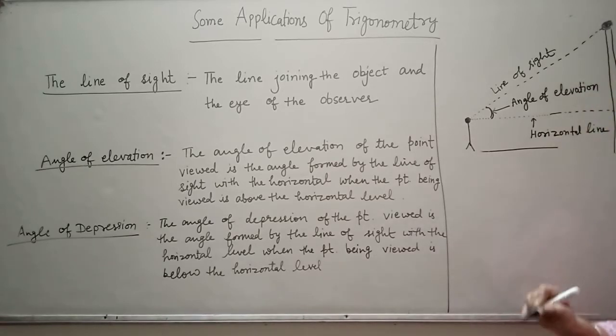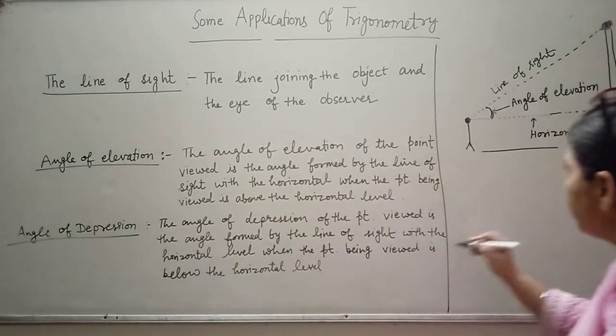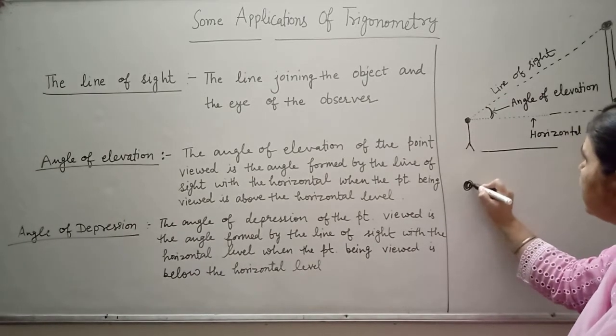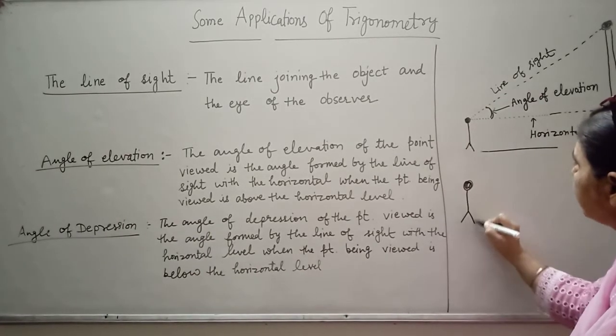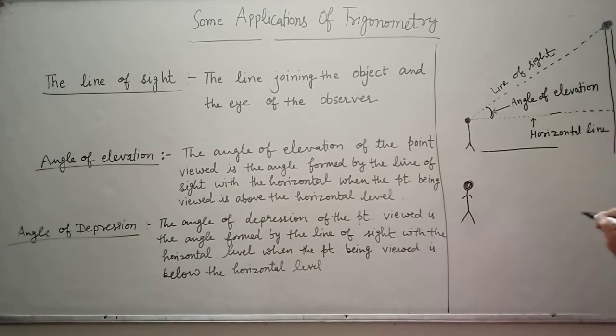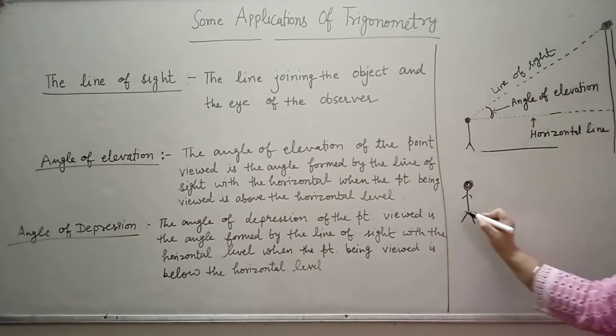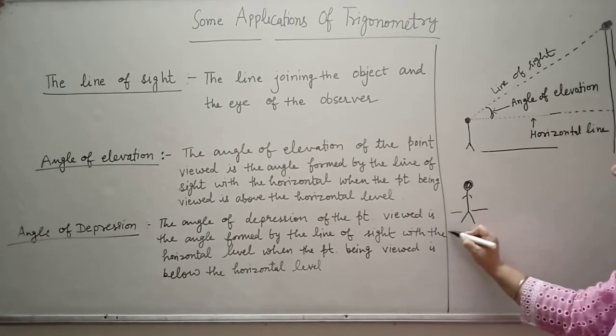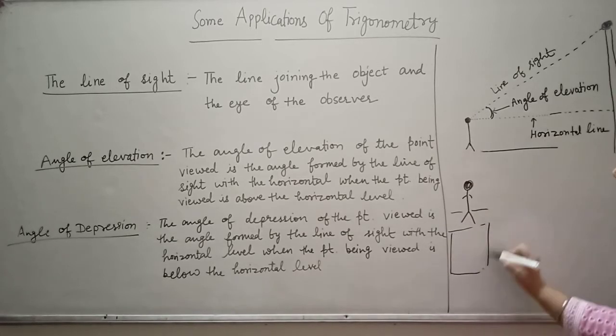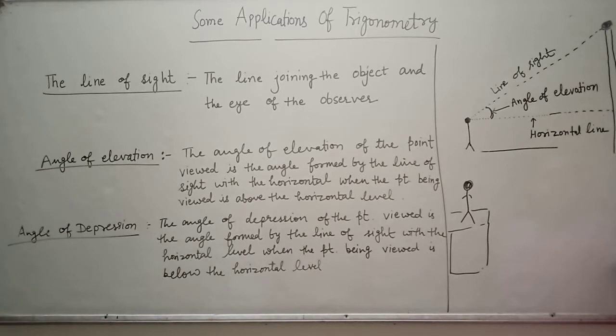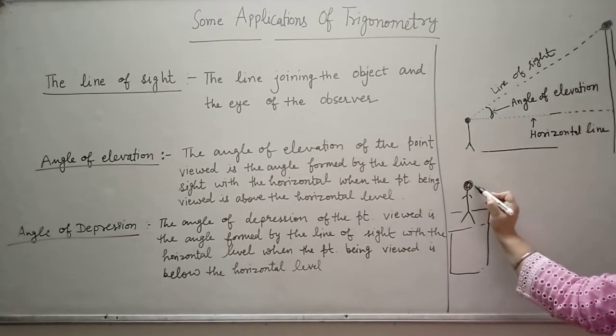Now come to the second case, angle of depression. Suppose this is the person. Now this person is standing here on the roof of a building, and here is one stone, and he is watching this.